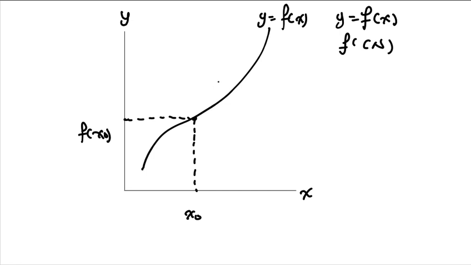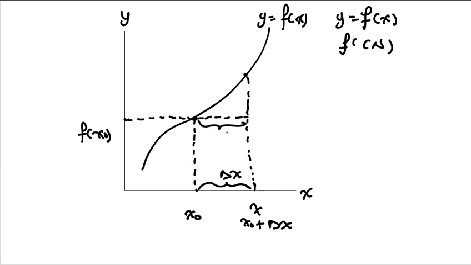And then, if we move to another point, which is here, we can have the second point, call it x, or before we replace it with x, it's actually x naught plus change in x, because this is change in x, which is equivalent to this also.